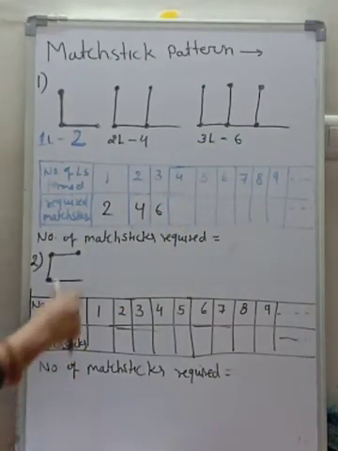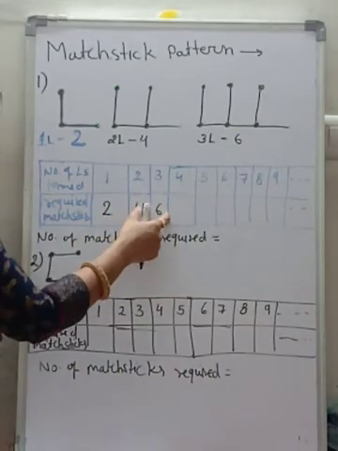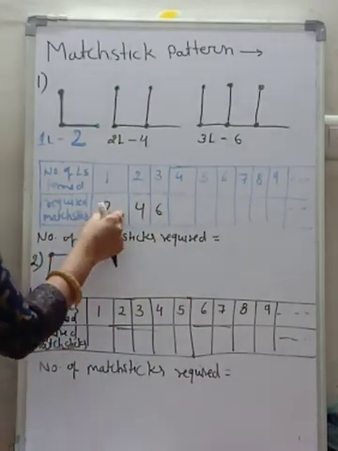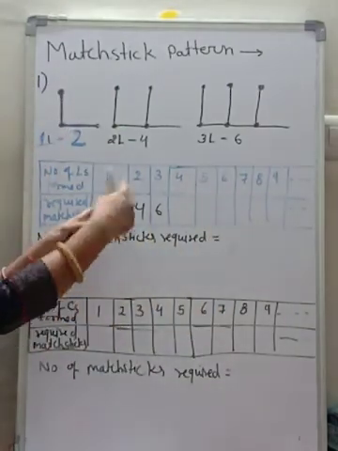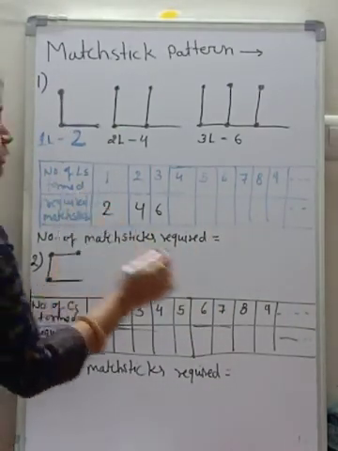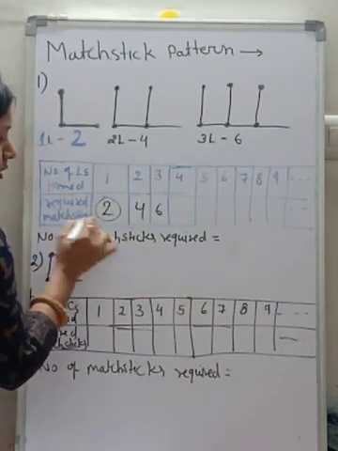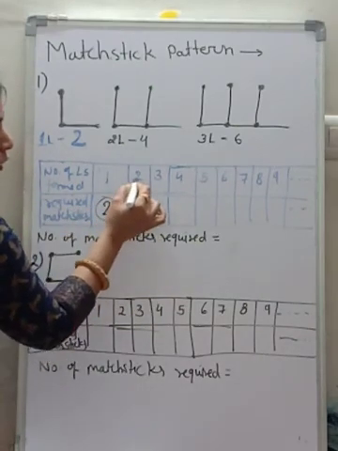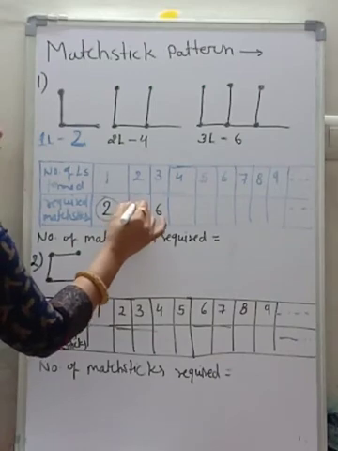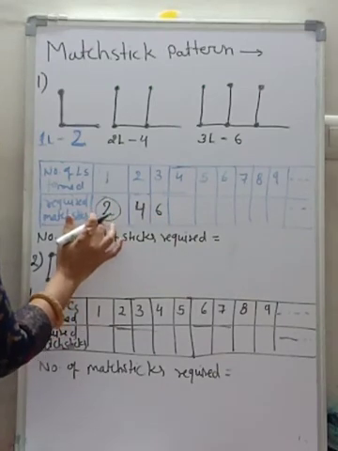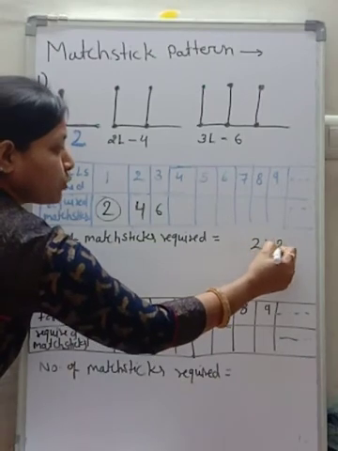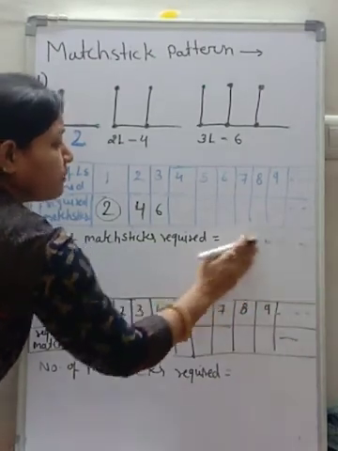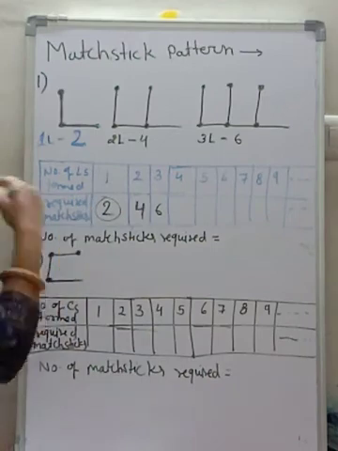Looking at this pattern, every value is double the previous value. 2 into 2 is 4.